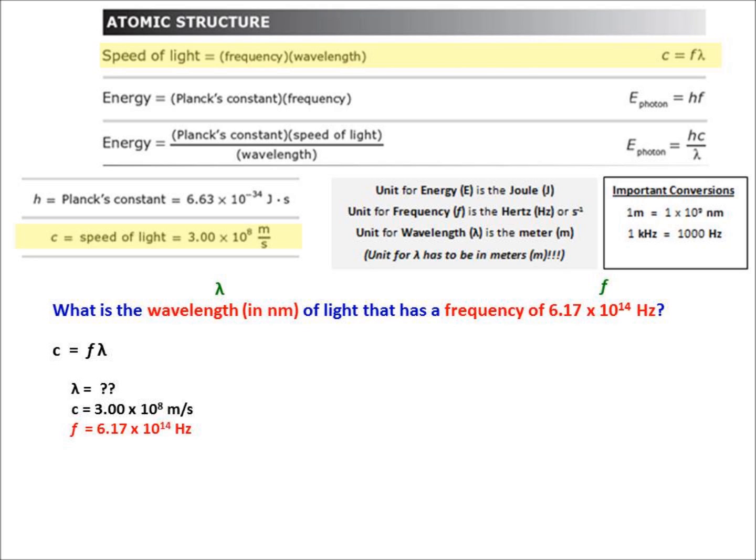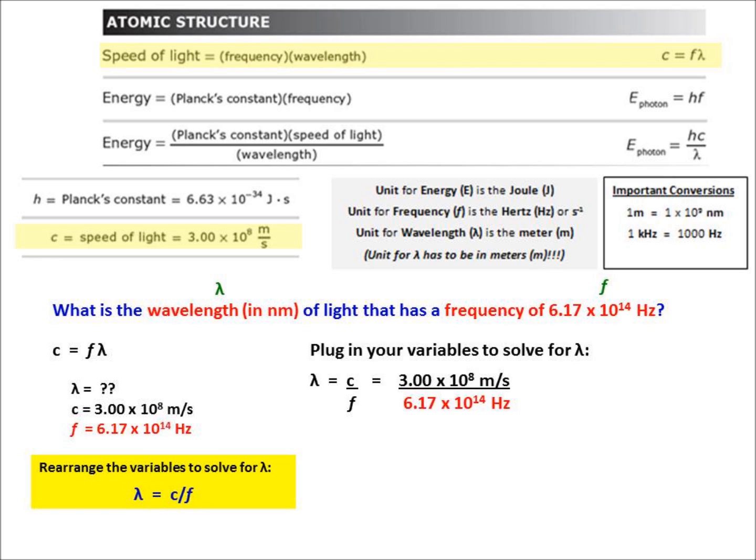The first thing I have to do, however, is rearrange the equation to solve for the variable wavelength. So when I rearrange the variables, my new equation below is going to read wavelength is equal to the speed of light divided by frequency. All right, the next thing I'm going to do then is plug in the variables.